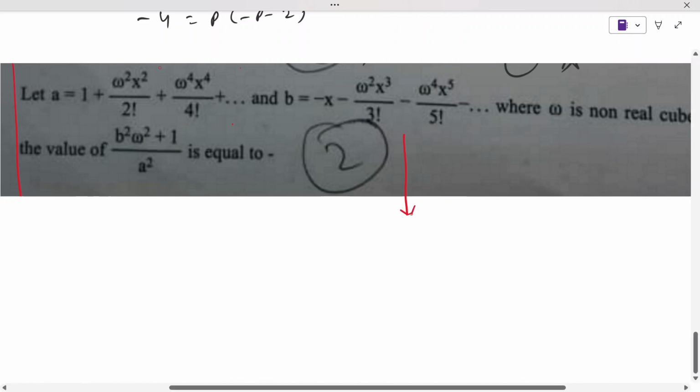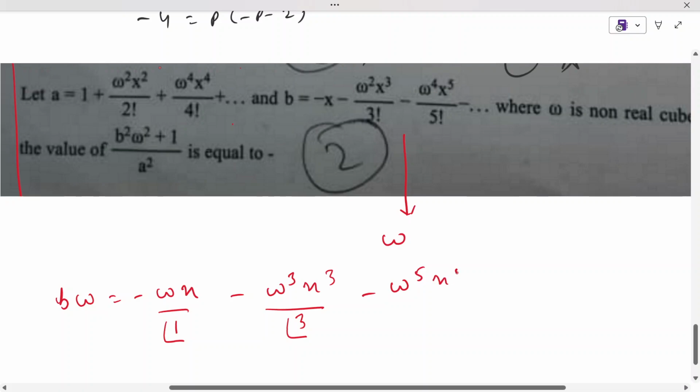See what I'm saying. Just multiply both sides by omega, right? Then left out is b into omega, which should be equal to minus omega x minus omega cube x cube by 3 factorial, minus omega^5 x^5 upon 5 factorial. Just bear with me.